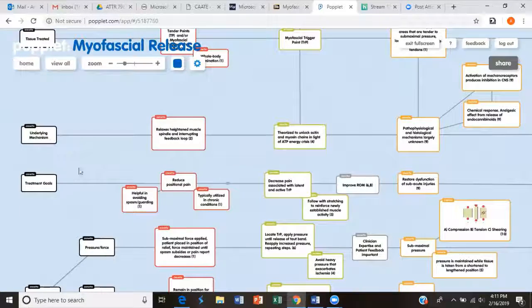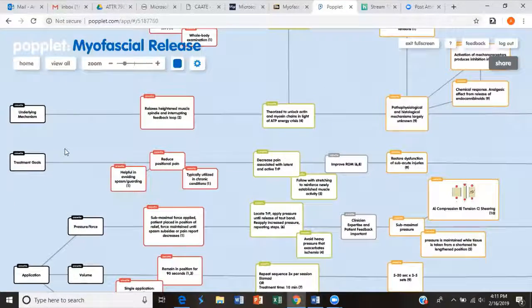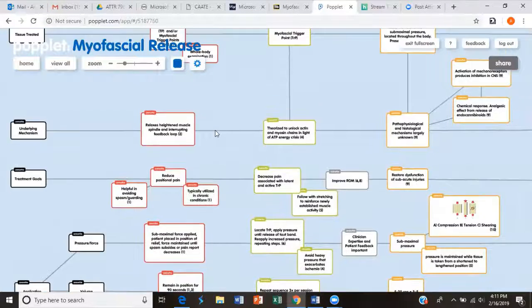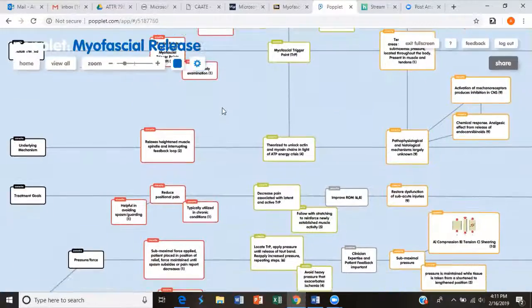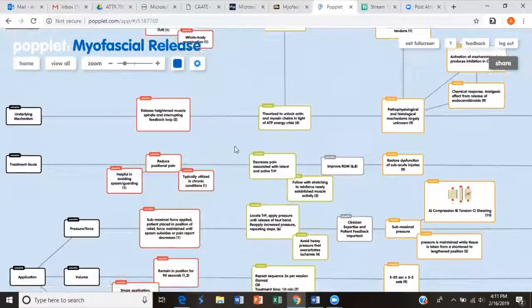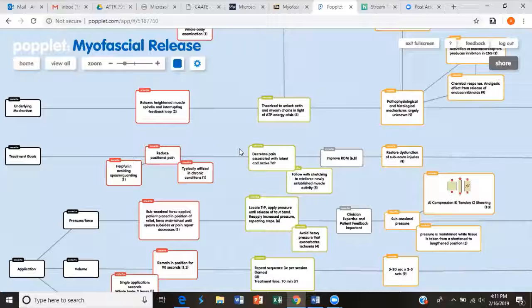Looking at the underlying mechanism in choosing the appropriate treatment, we also combine it with the treatment goal. So for instance, positional release. This is thought to reduce positional pain, so more likely to be successful in treating chronic conditions, chronic low back pain that may present from prolonged sitting or prolonged standing.